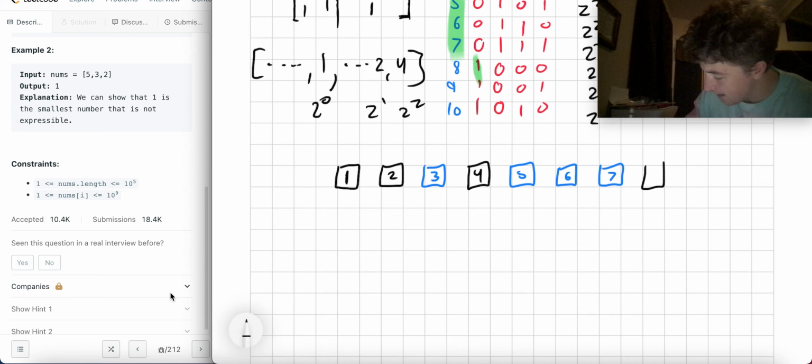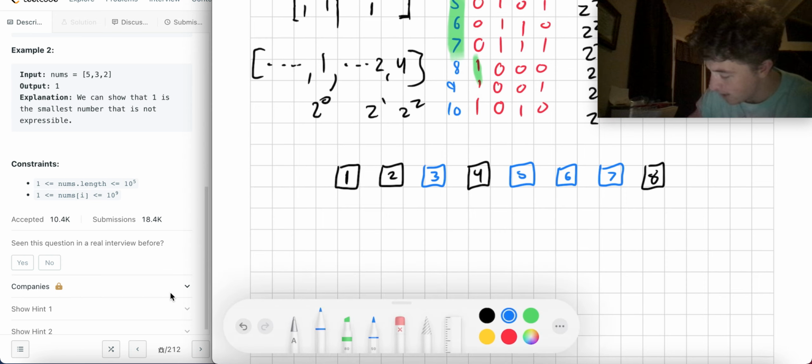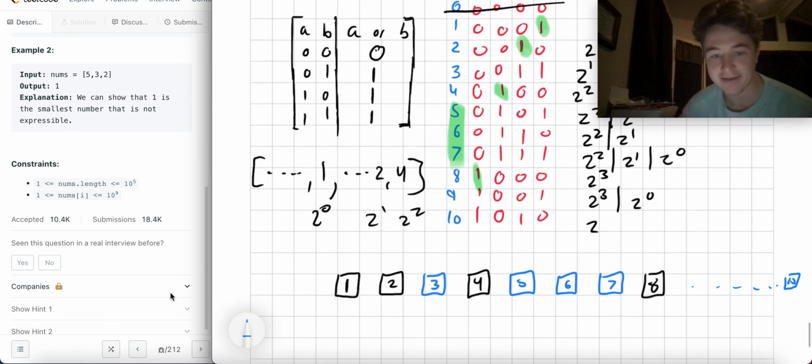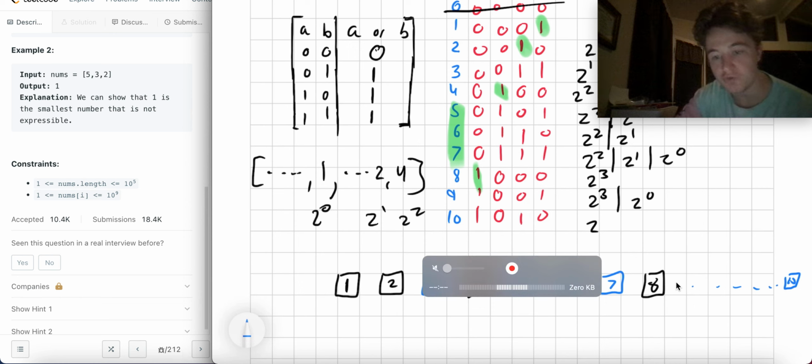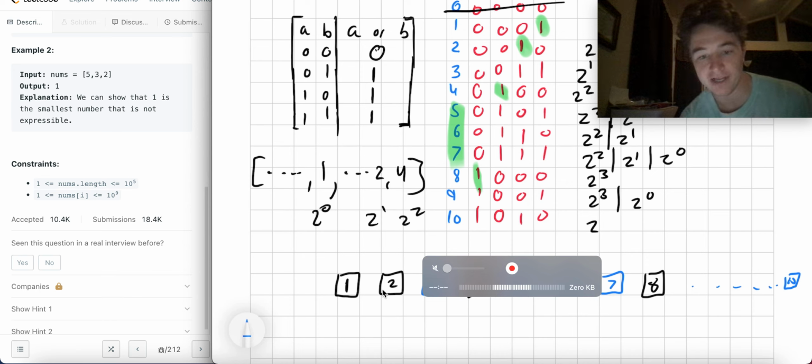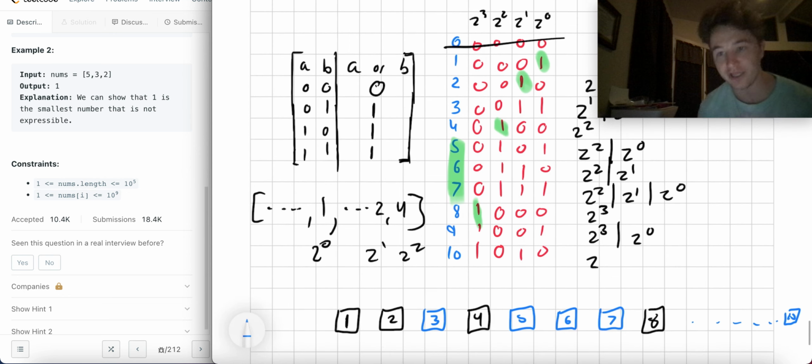And if I have 8, then I know I can create all the way up to 15, and so on and so forth, right? But I can't get 1, 2, 4, 8 as a combination of something else. Because 4 is just 4. I can only get 4 by itself. I can't OR anything else together to get 4, right? Same with 2 and 1 versus 3, it's an OR of the bases.